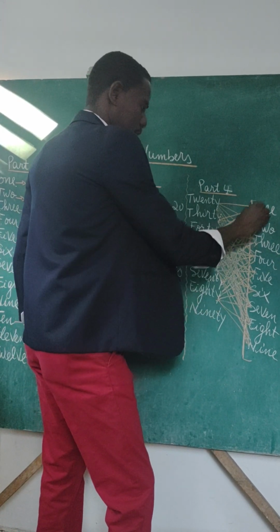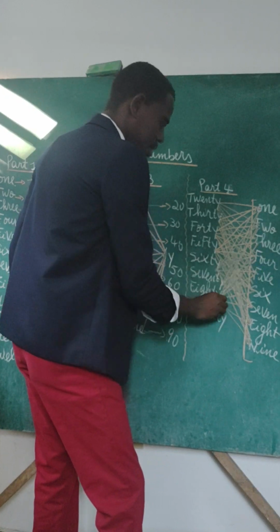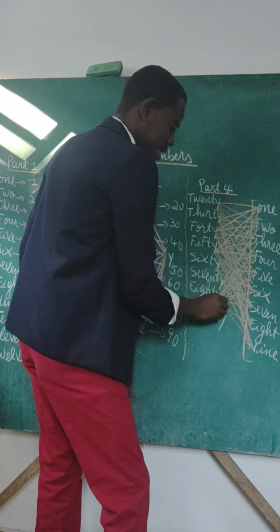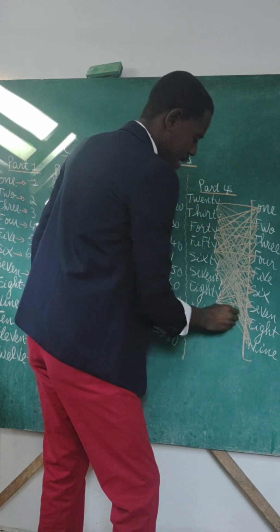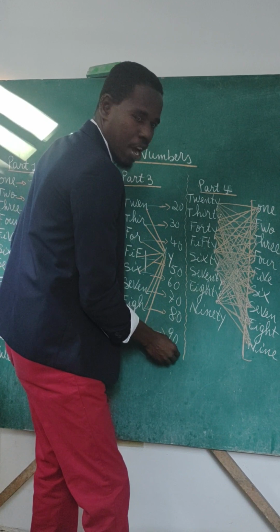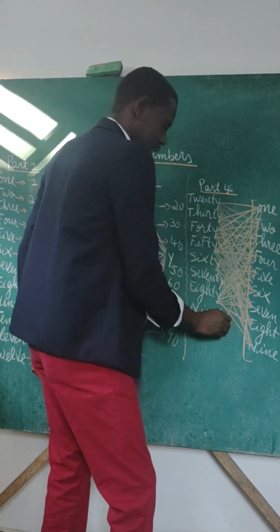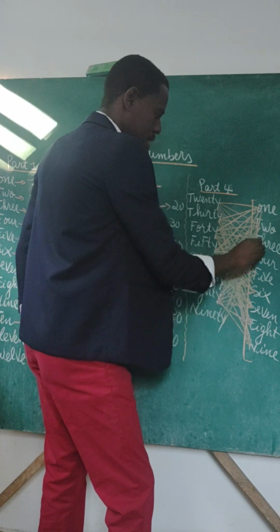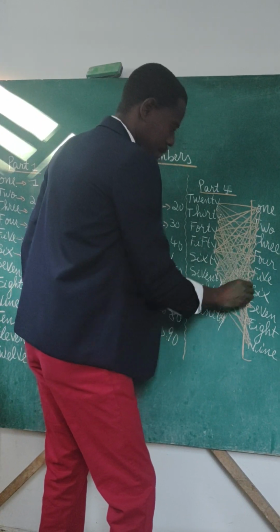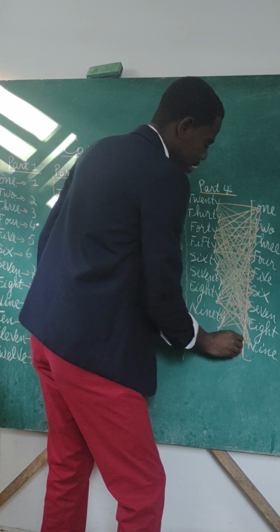I say 81, 82, 83, 84, 85, 86, 87, 88, 89. And to conclude, what about that number? How do you say it in English? 90. And I say 91, 92, 93, 94, 95, 96, 97, 98, 99.